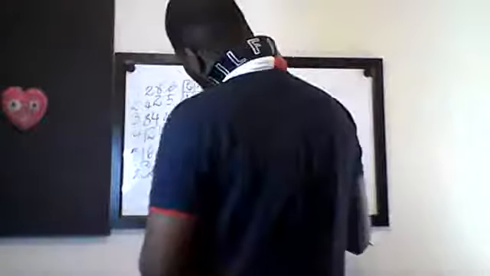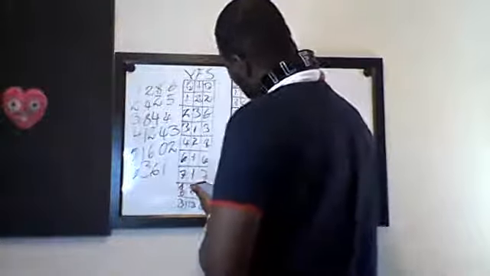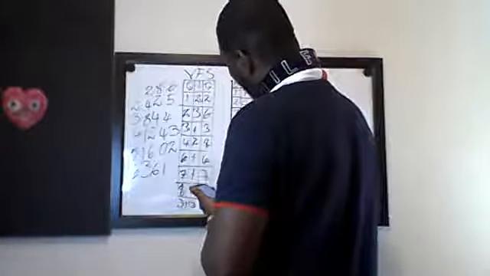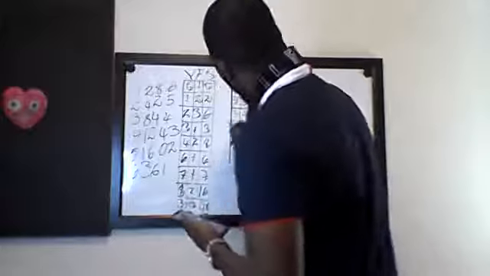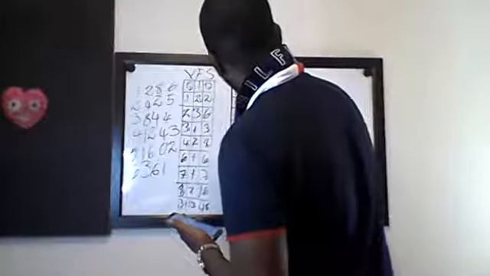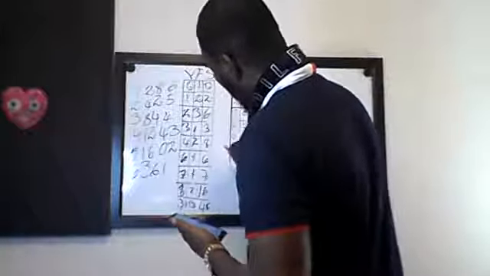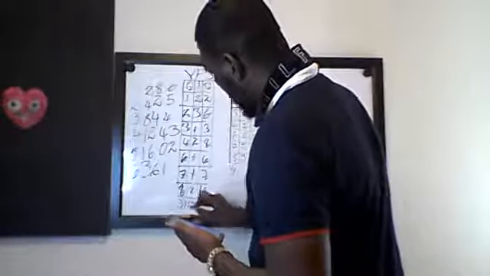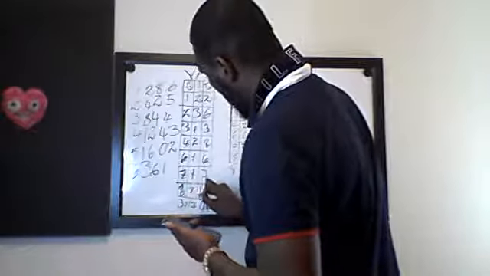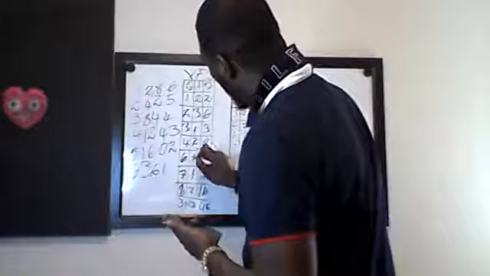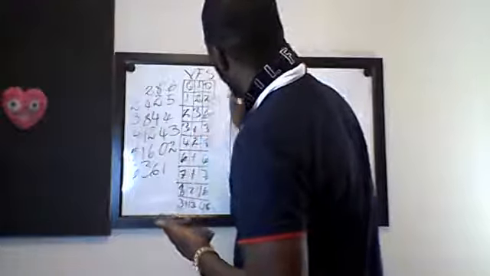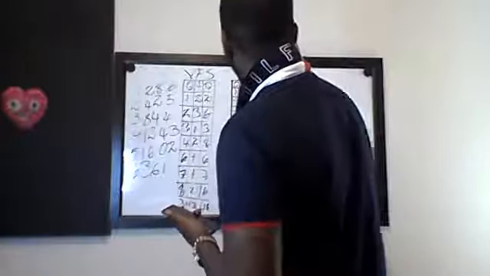I think I did something. I missed 1. So I think 1's gonna be 18 because I think I left 1 over here. 1, 2, 3, 4, 5, 6, 7, 8. Like I said, 18. I missed 1.